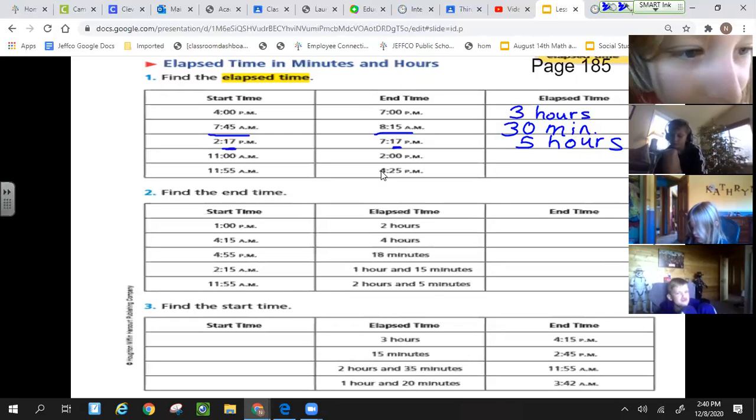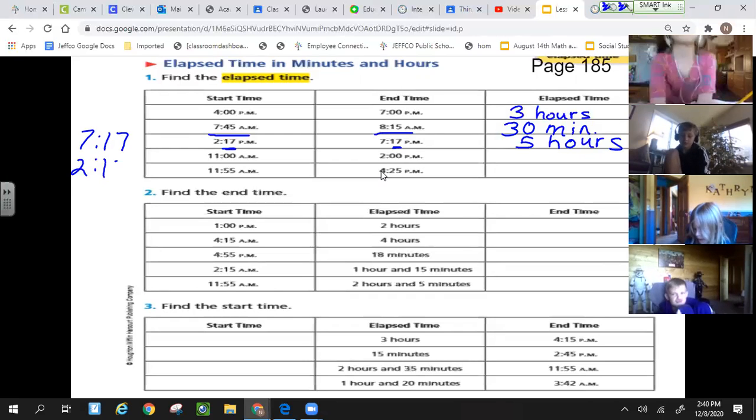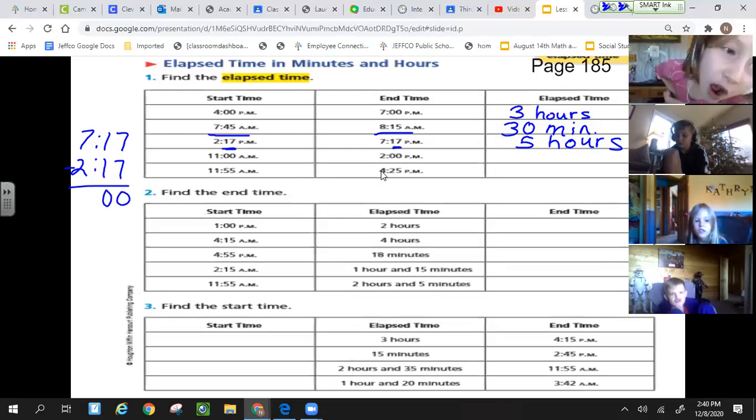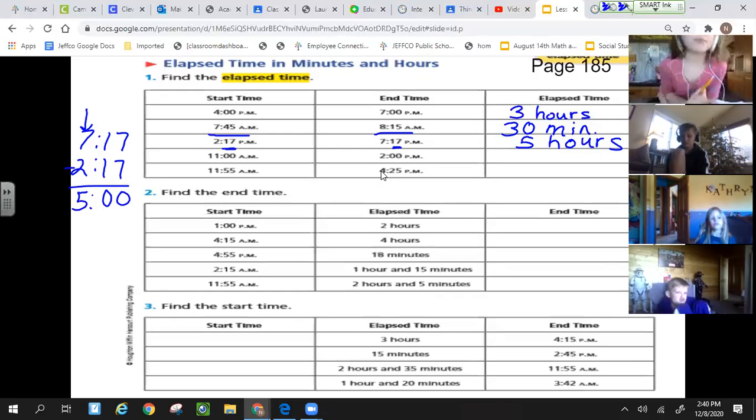Did you have to do anything with the minutes? No. Why? Because the start time is 17 minutes and the end time is 17 minutes. Yeah, they're the same. So when you subtract, it doesn't affect it. But when you subtract your hours, 7 minus 2 would give you 5.